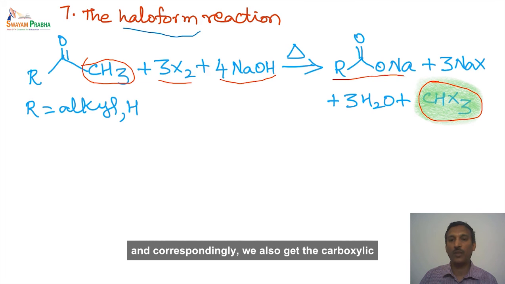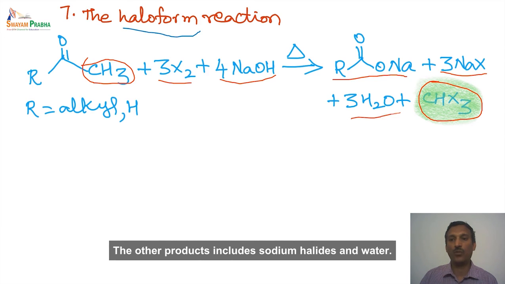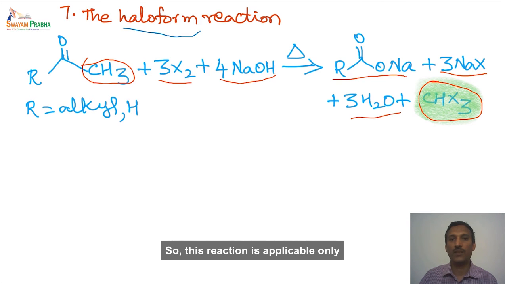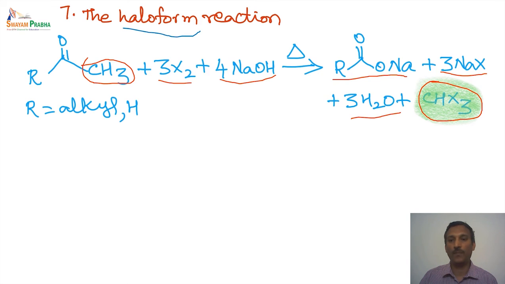Correspondingly, we also get the sodium salt of the carboxylic acid in that reaction. The other products include sodium halides and water. So in this reaction, basically the methyl group is the only thing which gets converted into CHX3. So this reaction is applicable only for the formation of haloforms from methyl derivatives.